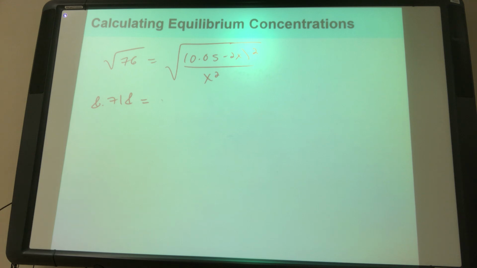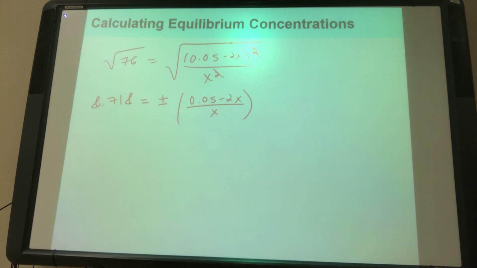So this is going to be plus or minus 0.05 minus 2x divided by x, because the square root goes away, and the square on the top and the square on the bottom go away with the square root. Too many squares in this problem. Squares, square roots. We'll figure it out.